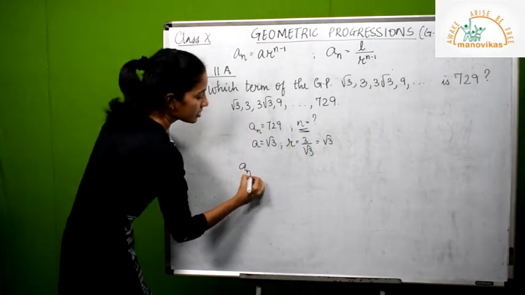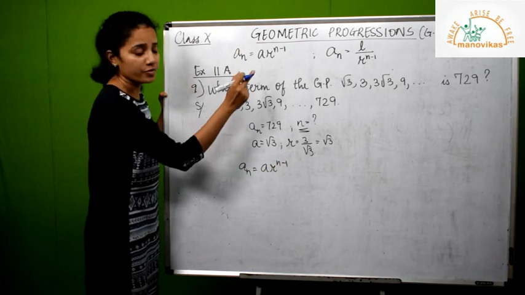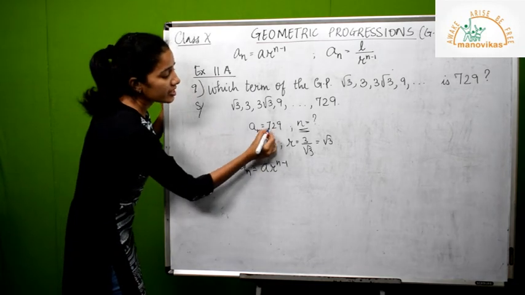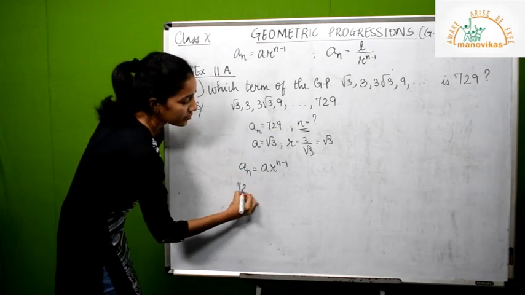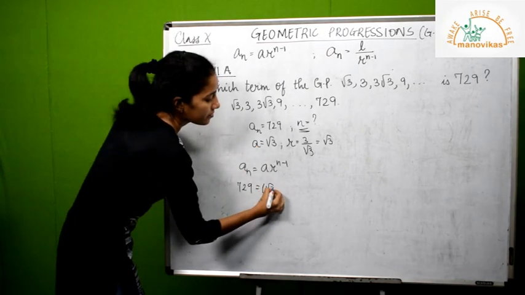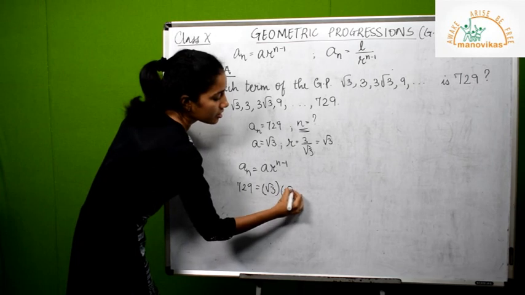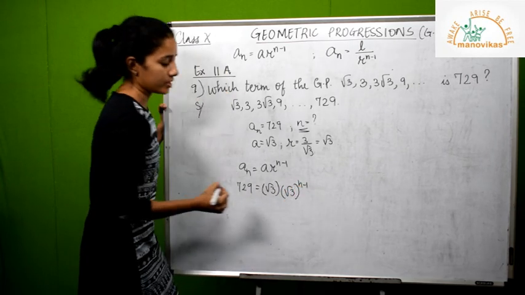So an is equal to ar raised to n minus 1 for geometric progressions. So nth term is nothing but the last term, which is 729. The first term is root 3. The ratio is also root 3, the whole raised to n minus 1.